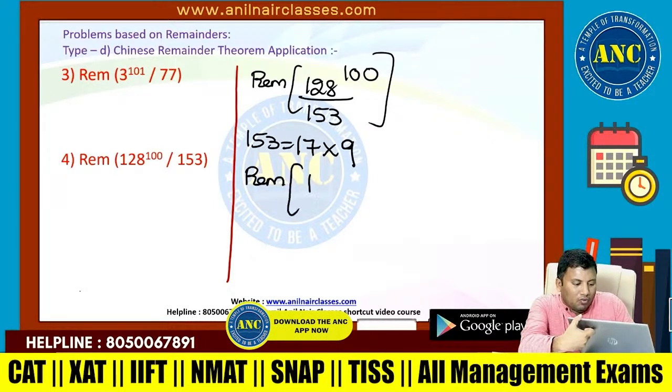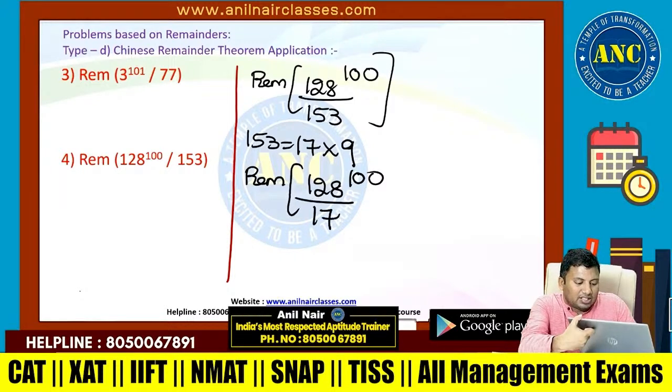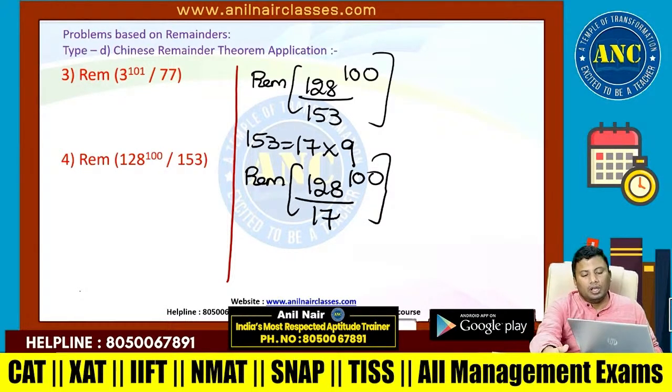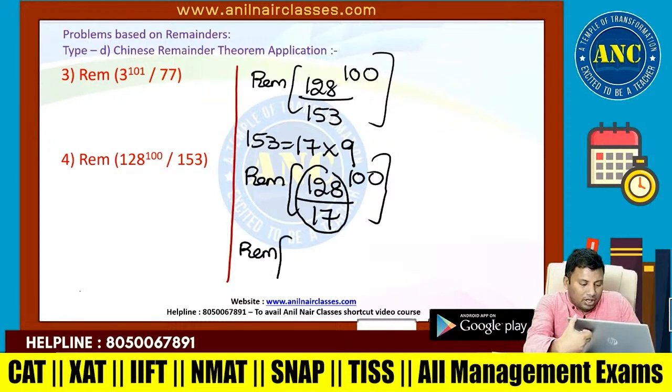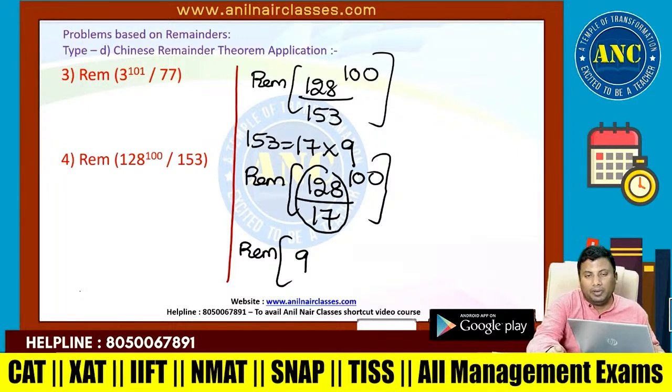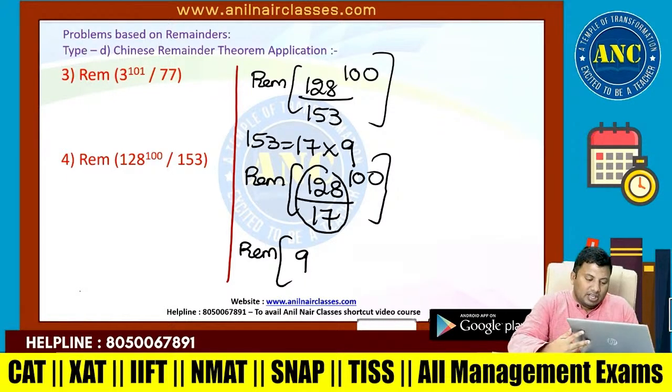Remainder when 128 power 100 is divided by 17. 17 sevens are 119. Remainder is 9. For 17, the power will be 16. 16 6s are 96. The remaining power is 4.